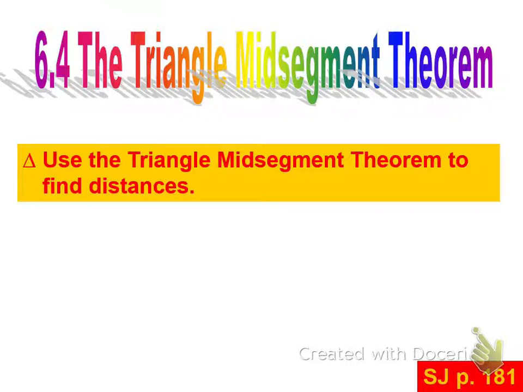So we're on the 6.4 notes. We've just filled in the entire top chart. Circumcenter is formed by perpendicular bisectors. The incenter is formed by angle bisectors. The centroid is formed by medians, and an orthocenter is formed by altitudes.